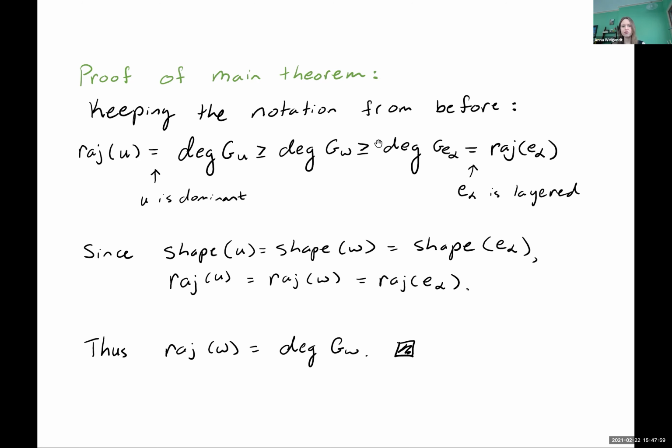Then we're climbing down in this left-right order, and so the degree is getting potentially smaller, but maybe staying the same. And then E alpha is a layered permutation, so this degree matches this Raj, but they all, by construction, have the same shape. And so they all have the same Raj. And so by just squeezing with inequalities, the degree of W has to also be Raj of W. And so that's kind of the outline of how this goes.